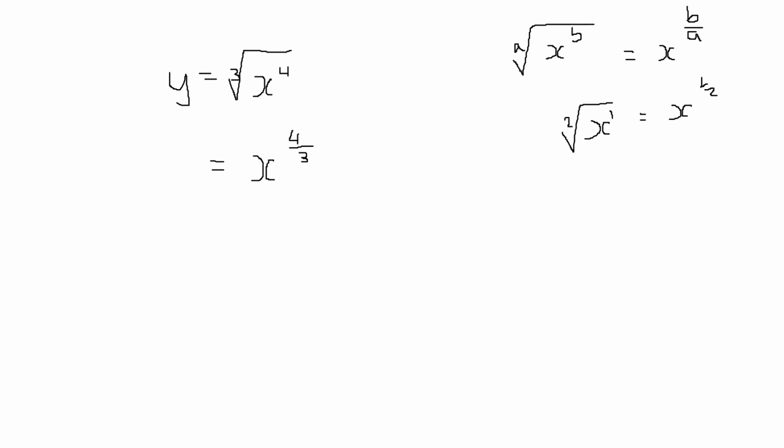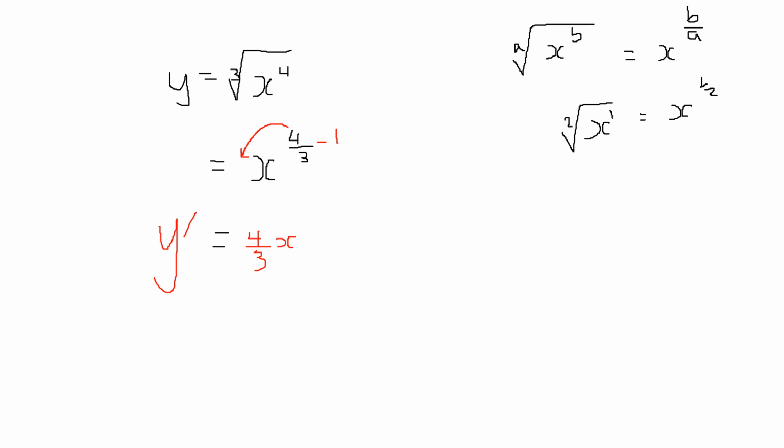or 4/3, however you want to call it. And with this here now, we can apply our power rule. So again, y prime now, because we're differentiating, we send our 4/3 in front. So that will be 4/3 x, and then 4/3 minus 1.